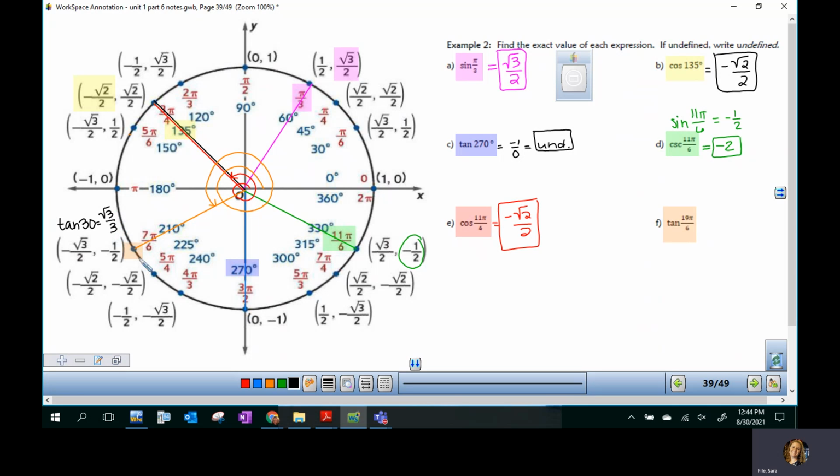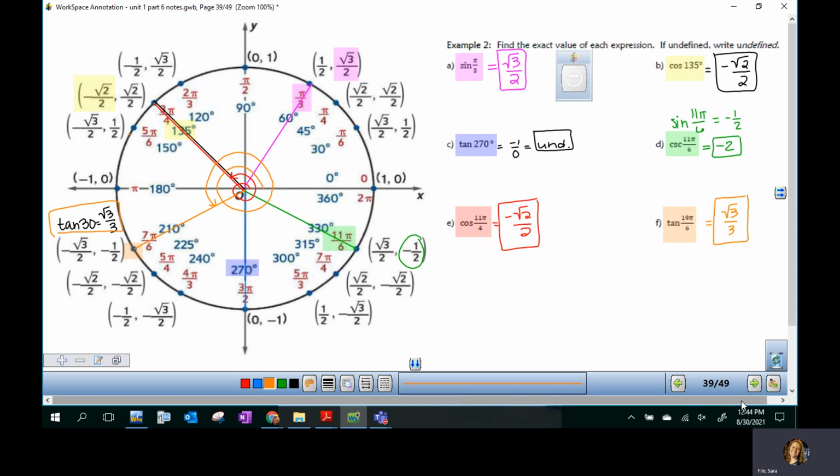And I'm in quadrant 3, so is it positive or negative for tangent? Positive. Tangent is positive in quadrant 3. It's the only one positive in quadrant 3, because that's a 30-degree reference angle there.